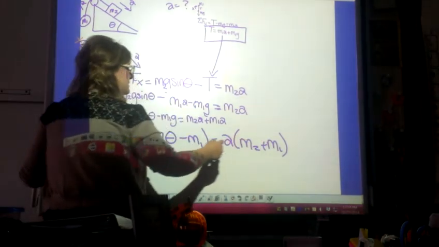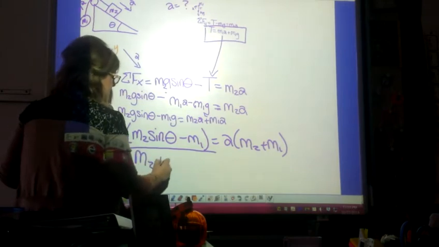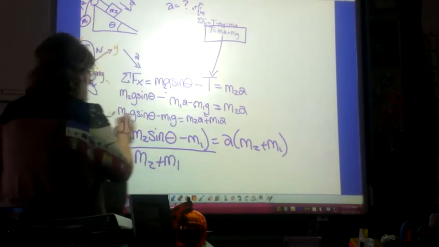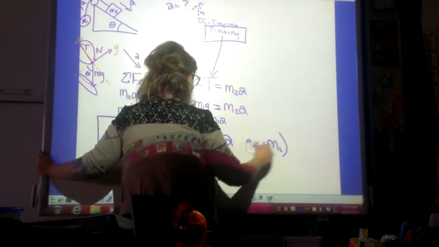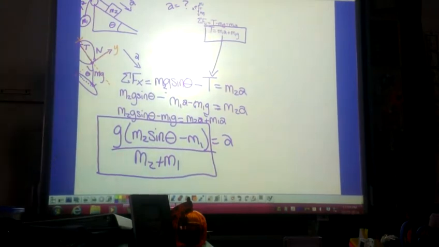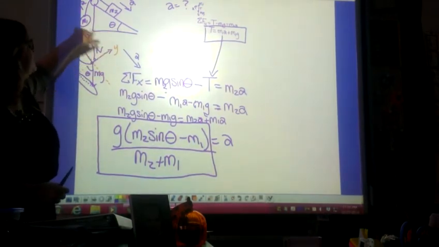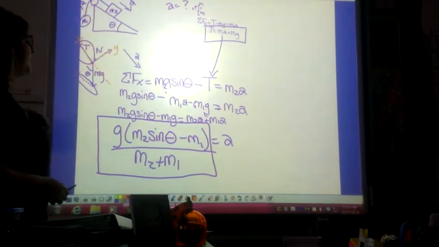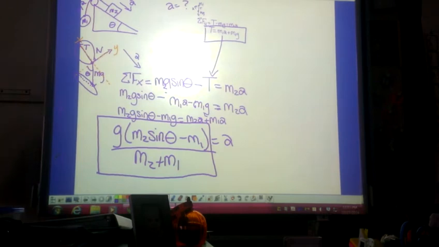Let's divide both sides by m2 plus m1, and that will leave me with the acceleration. There's my acceleration. The only difference between the Atwood's machine acceleration without the angle theta is just that component of that particular mass.